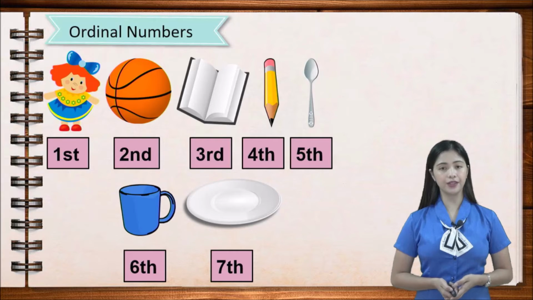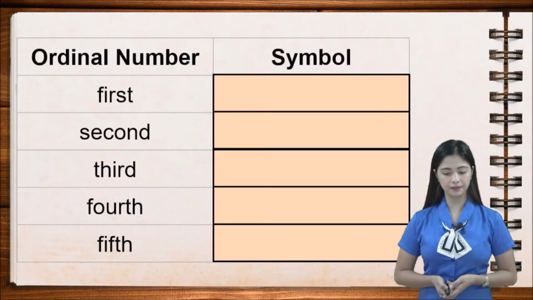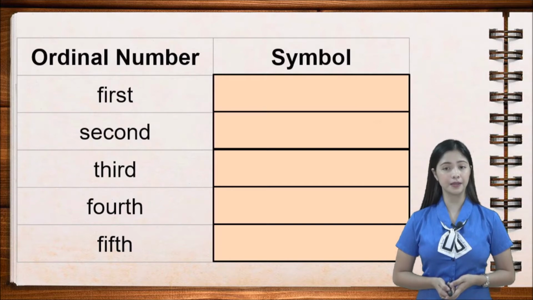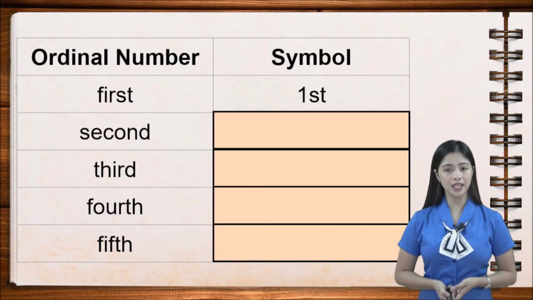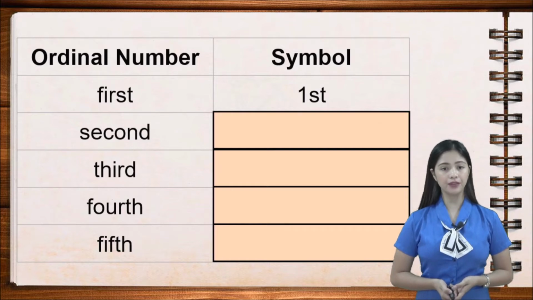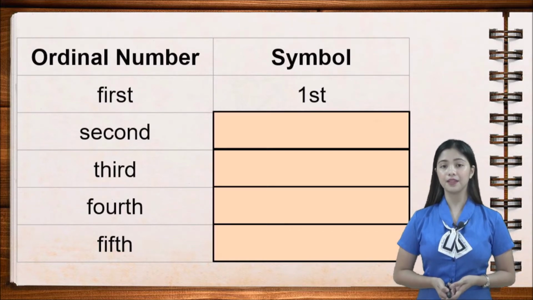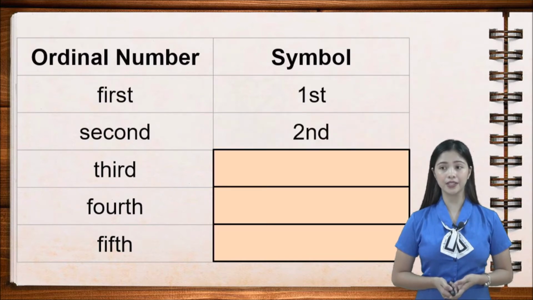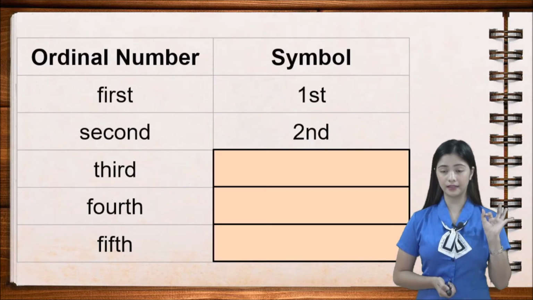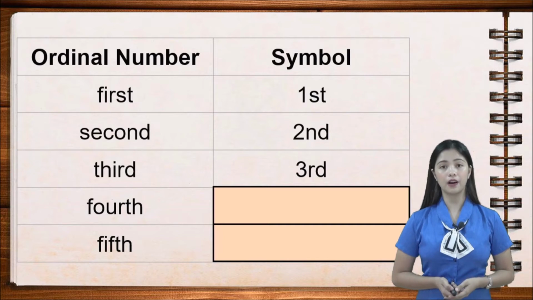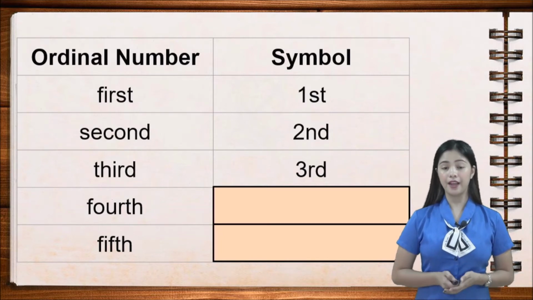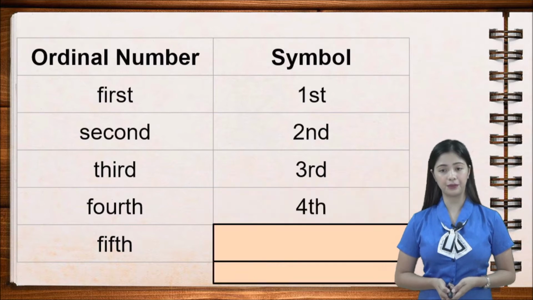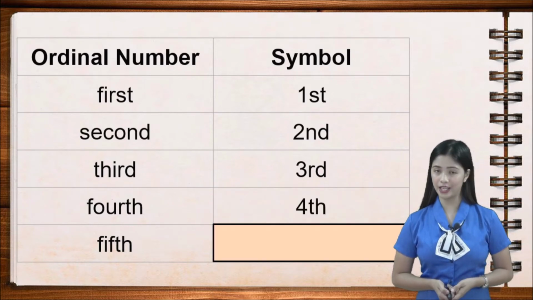So let's have the ordinal numbers and their symbols. For the ordinal number first, the symbol is number 1 plus ST. For the ordinal number second, we write 2 plus the letters N and D. For third, we write number 3 and the letters R and D. Fourth, write the number 4 and TH.